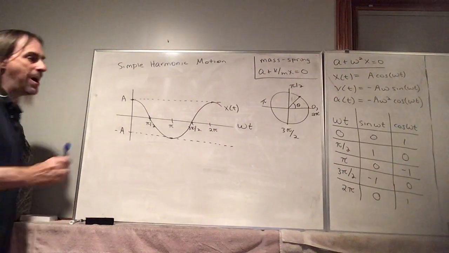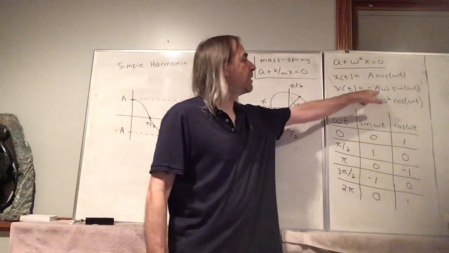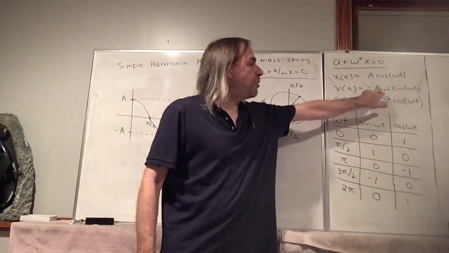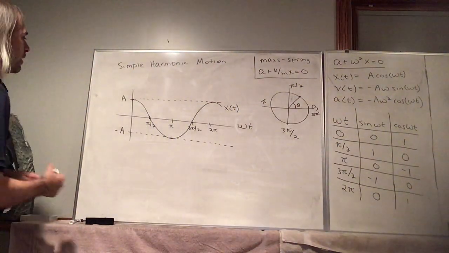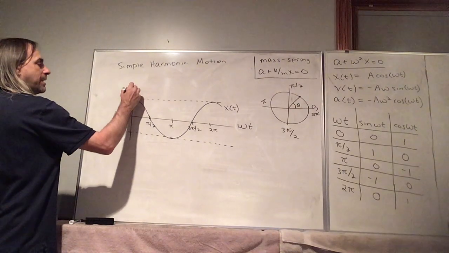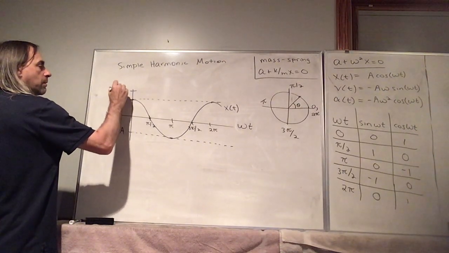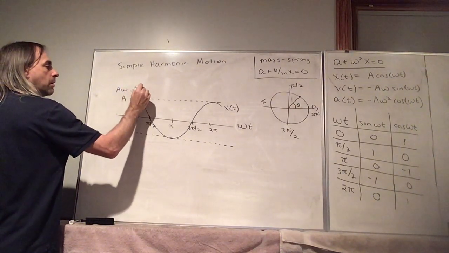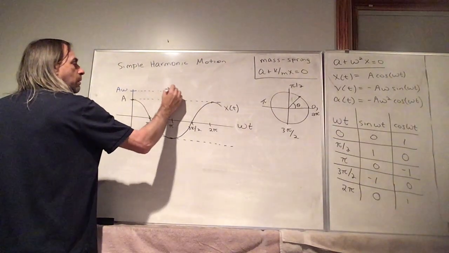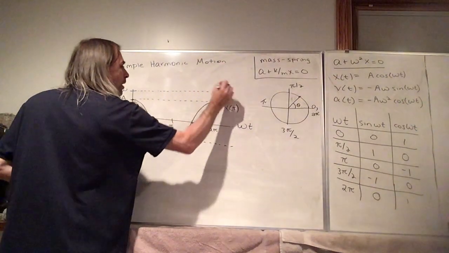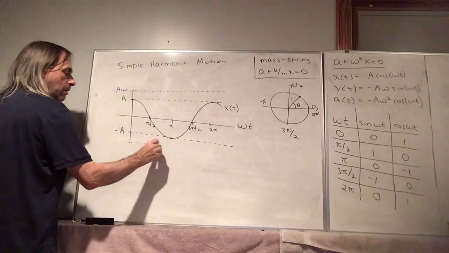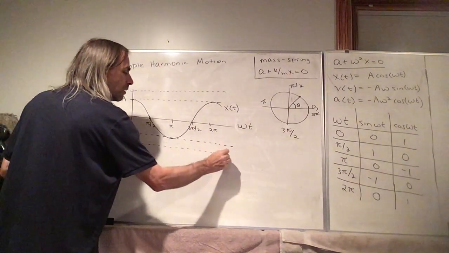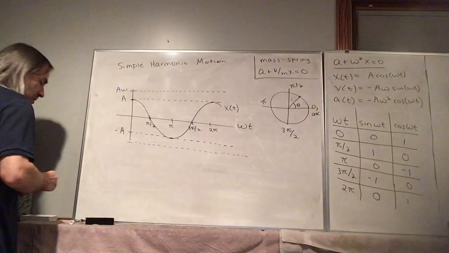Now let's look at velocity as a function of time. So the amplitude is now A omega. So let's say omega is a little bit bigger than 1, and let's say that this is A omega. We can plot everything in the same graph.